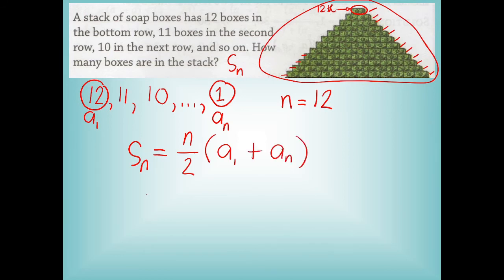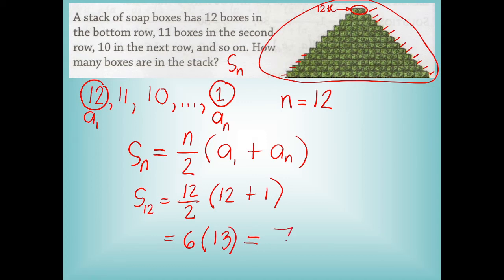Let's substitute everything. S sub 12, that's 12 over 2. The first term is 12 plus the last term is 1. So solving this is 6 times 13. Oh, what's 6 times 13?